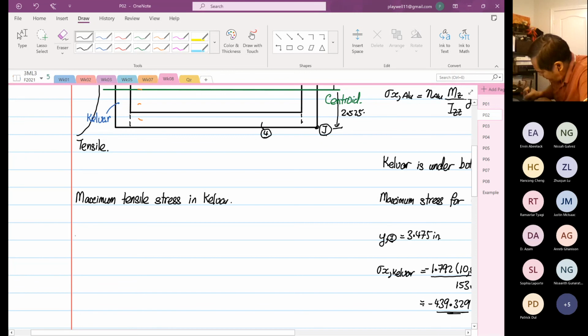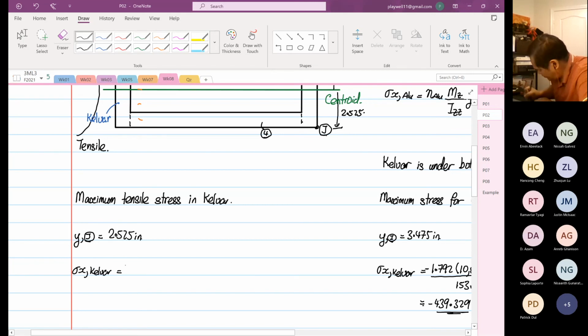So again, Y now is at J. This is 2.525 inches.